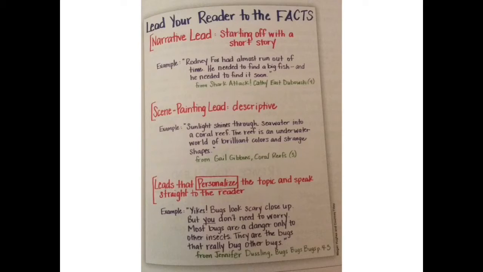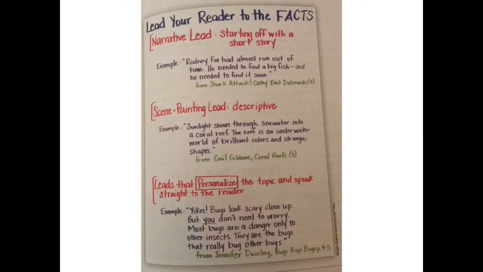So you can see by these examples that we know what the writing is going to be about. In the first example, we know that it's going to be about someone needing to find a fish for some reason. That one looks like it's going to be more of a personal narrative type story.